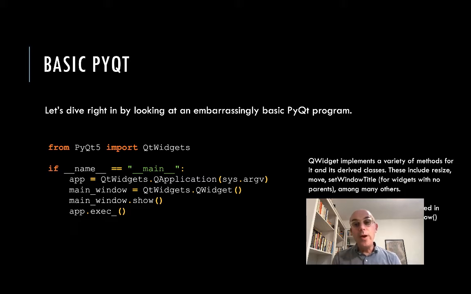QWidget implements a variety of methods that allow us to create the classes. Those include resize, move, or set a window title, among other things. And the widget's children are created in memory and made visible with the show method.